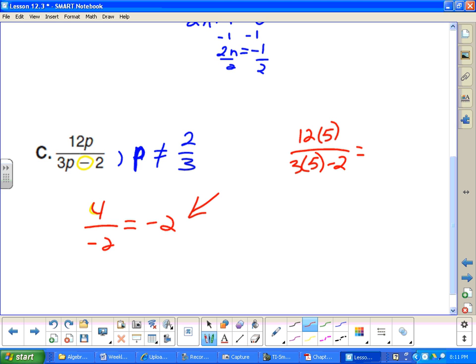Well, 12 times 5 is 60. 3 times 5 is 15 minus 2 is 13. Does 60 over 13 equal negative 2? I don't think so. So the simplification is not correct, and you have to be careful that you don't simplify things that cannot be simplified.